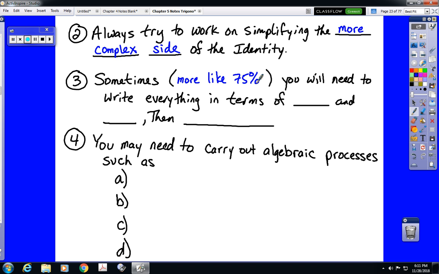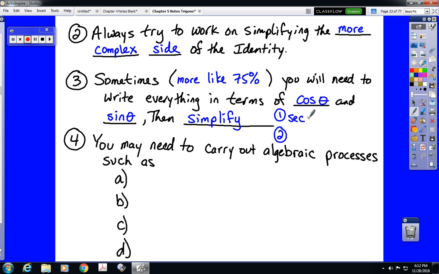Now, the third hint is that sometimes, and it's really more like 75% of the time, you're going to need to take a certain approach, and that is to write everything in terms of cosine and sine, and then use algebra to simplify the expression. Now when I say write everything in terms of cosine and sine, that's going to use basically four of those identities.